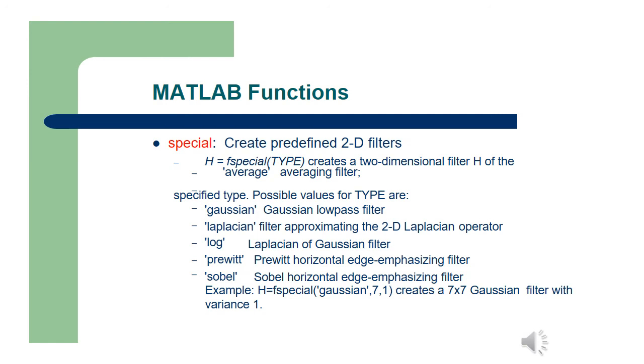So you are not getting the big picture, you are not getting the full strength of the Gaussian with only three values. If you want to apply the whole impact of the Gaussian, you have to get three values on the left and three on the right, so you can have the full impact of the Gaussian. So here we take a 7 by 7 Gaussian filter with variance 1.